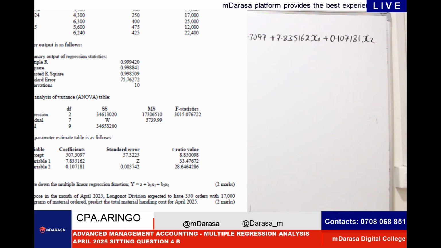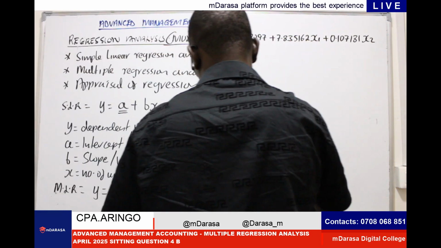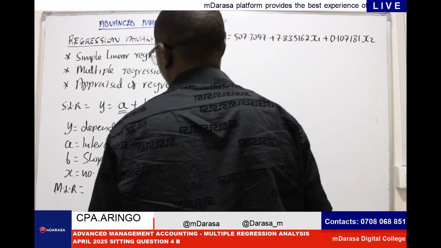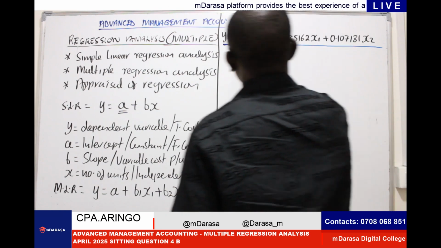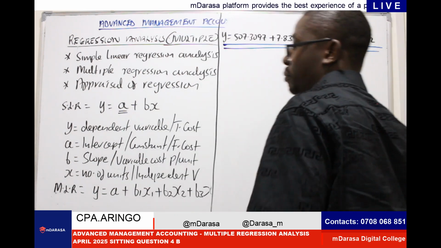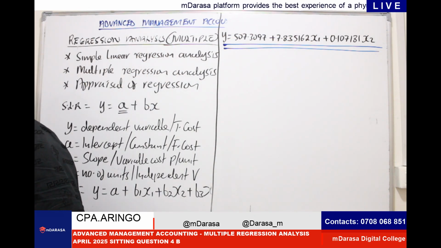So what we've done simply, we have presented our equation. The first thing that the good examiner wanted us to do, this is what you're supposed to do. We're through that. Part 2 of the question, if at all you can check part 2 of the question, see what we were asked.